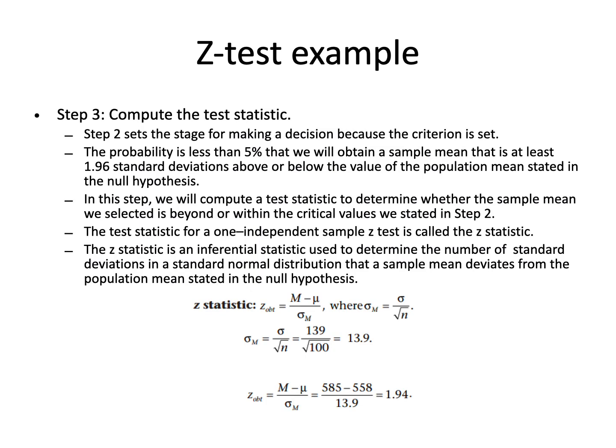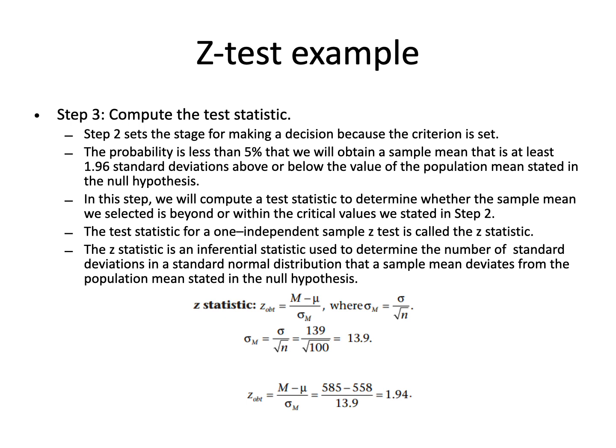Step 3 is to compute the test statistic. In this step, we will compute the test statistic to determine whether the sample mean we selected is beyond or within the critical values we stated in step 2. The test statistic for one independent sample z test is called the z statistic.